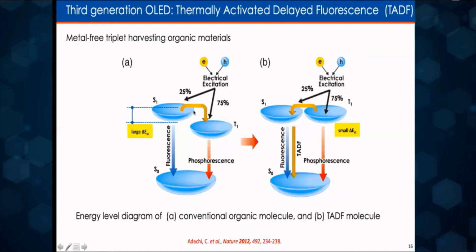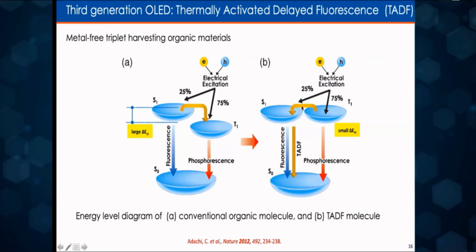This is called the exchange energy. The exchange energy is large, so you don't really collect triplets. So he came up with the idea: can I minimize the exchange energy? When I minimize the exchange energy, you do generate 75% triplet, but you can collect them back through an up-conversion mechanism using thermally activated delayed fluorescence.